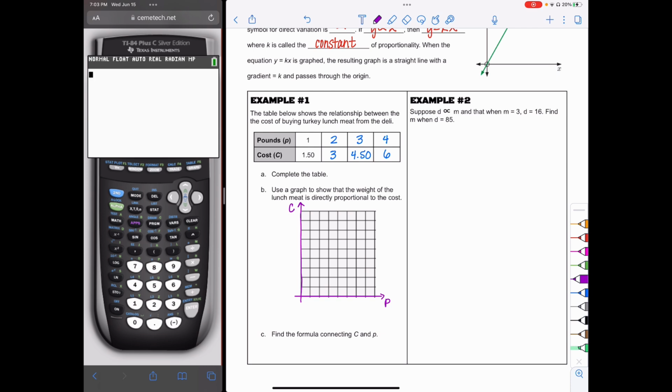So now what I'm going to do is I'm going to label it. I'm just going to scale by 1. So I'm going to label my p values or my x values as 1, 2, 3, 4, 5, 6, 7, and 8. And then I'm going to label my c axis or my y axis by 1.5s.